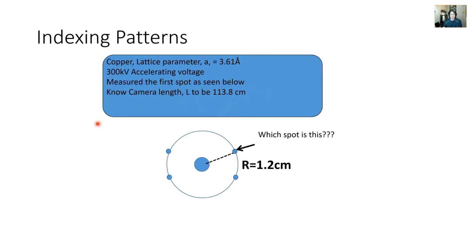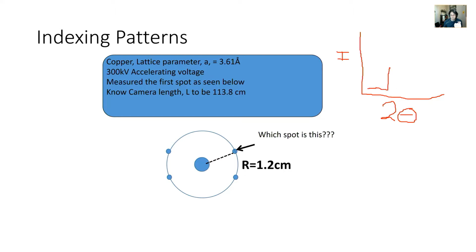And let's go through the question here, what we're trying to answer: which spot is this? Oh, okay, so now we're indexing. If you remember on XRD, we had diffraction spectra. Let me try to draw it. This is not going to look that great. I'm so sorry, but I'll try to draw it a little better. So we had 2 theta, and then we had intensity, and then we had some spectra.